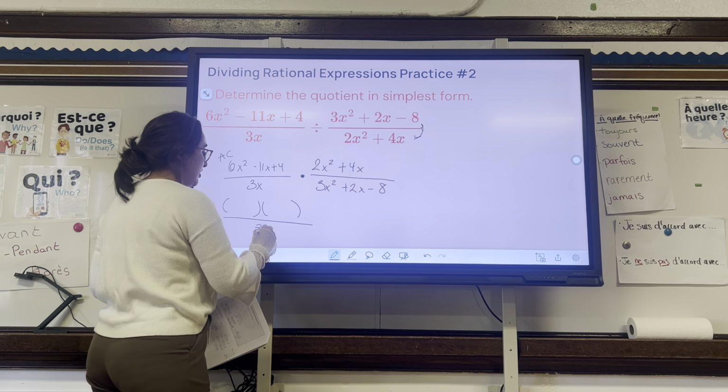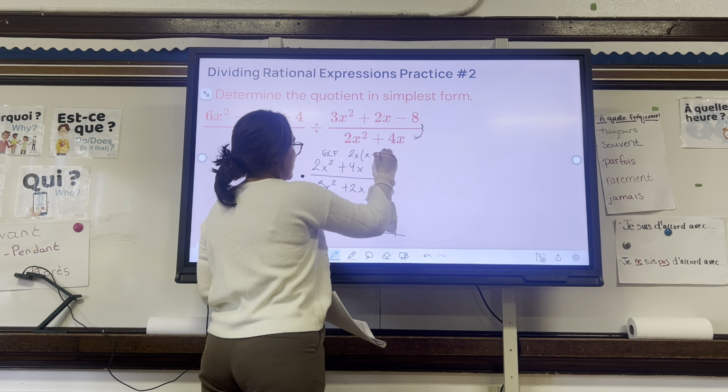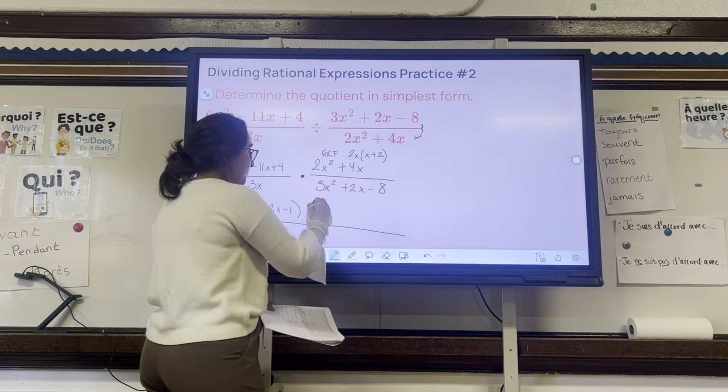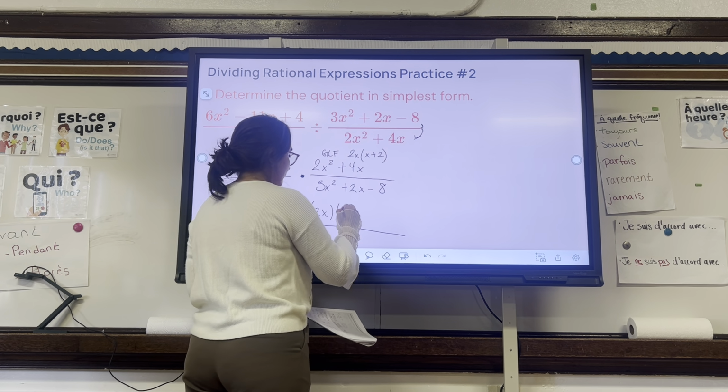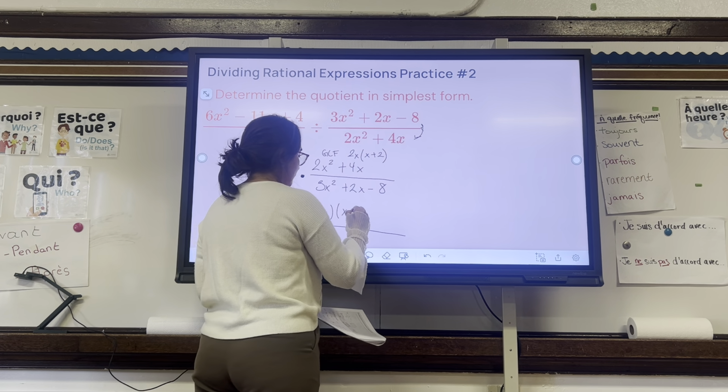Oh, we're going to extend the line, and this is GCF, 2x, which becomes x plus 2. And finally, this is AC again, which becomes 3x minus 4, x plus 2. So these two cancel out, the x cancels out, and so does the 3x minus 4.